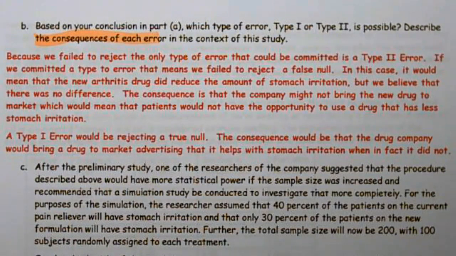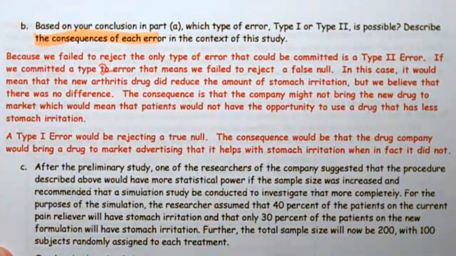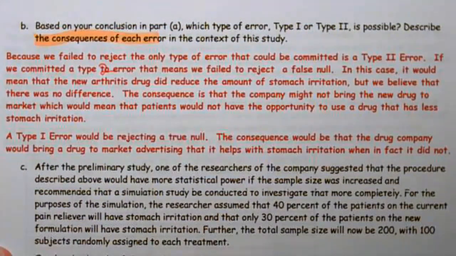If we committed a type 2 error, that means we failed to reject a false null. In this case, it would mean that the new arthritis drug did reduce the amount of stomach irritation, but we believe that there was no difference. All right? So in this case, it would be believing that the new drug had no effect over the current drug, when in fact the new drug actually worked.